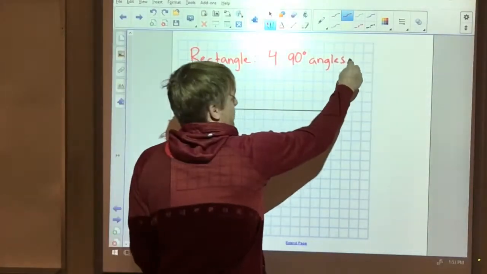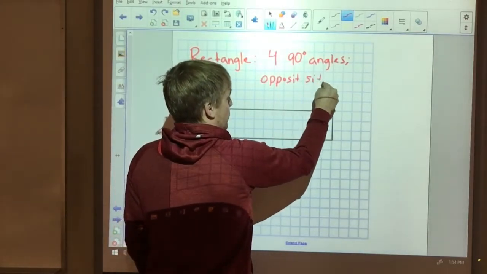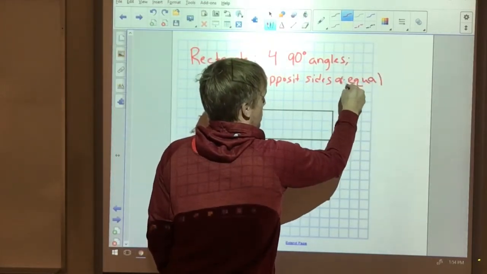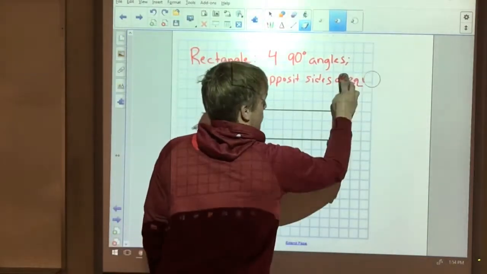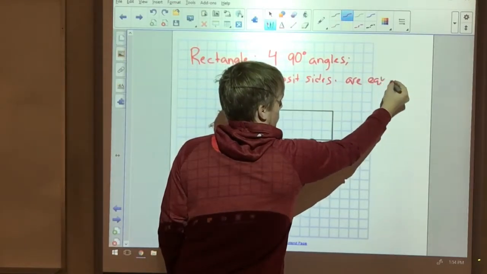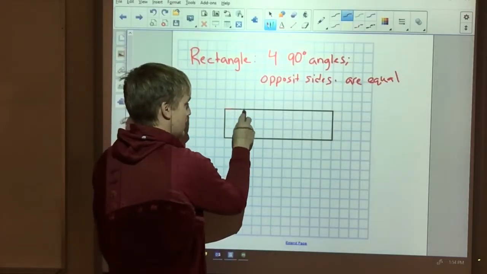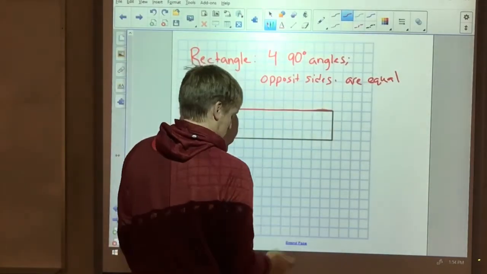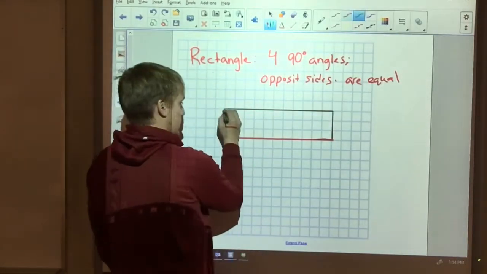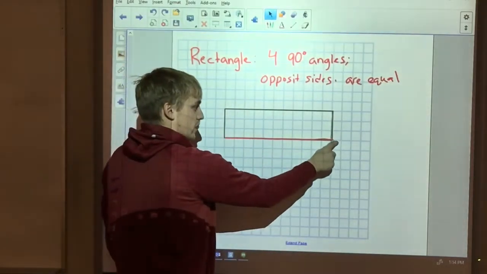The opposite sides are equal. What do I mean by that? Let me fix that. The opposite sides are equal. That means that this side is equal to this side, and this side is equal to this side.